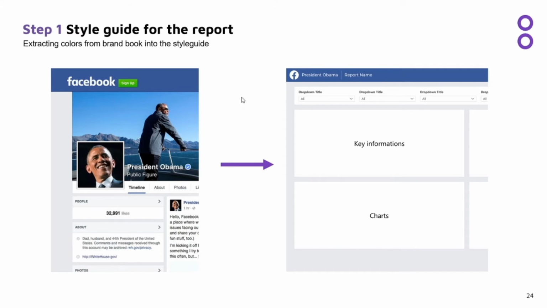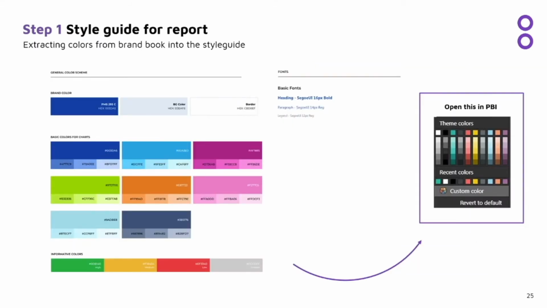But of course, a professional style guide, as shown here in one of the projects we did, consists of more colors. There are some tones and also fonts.